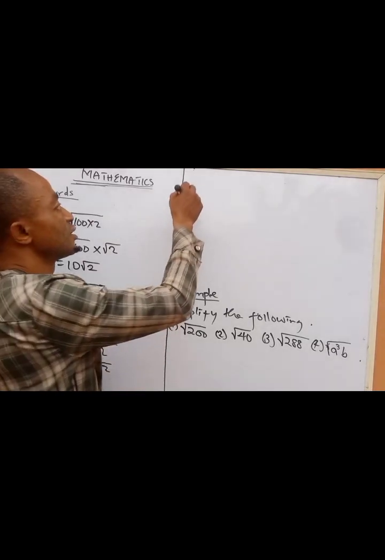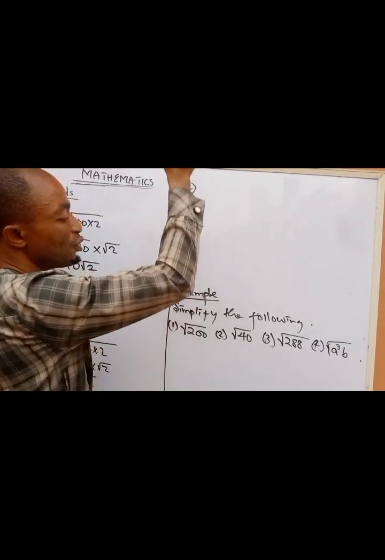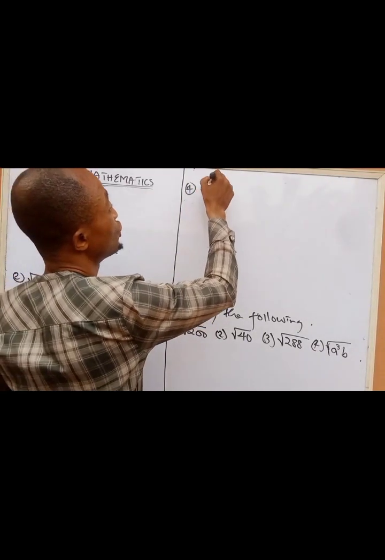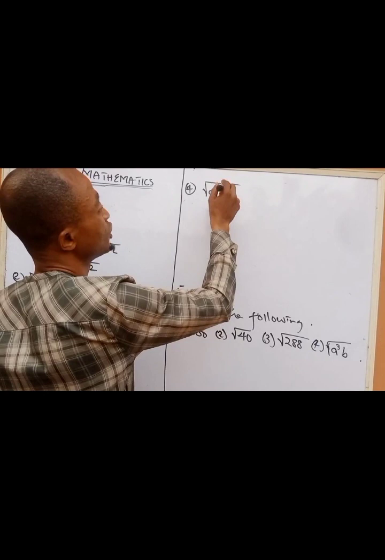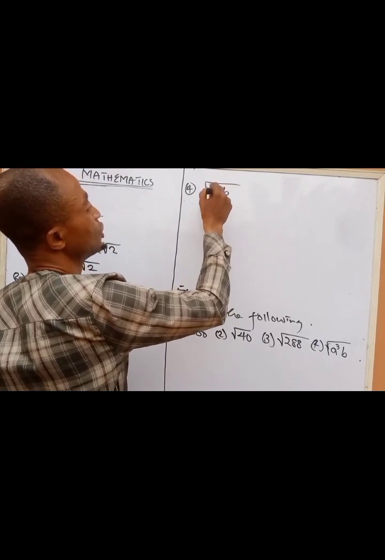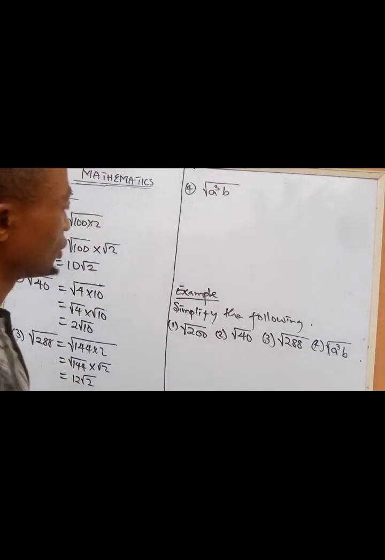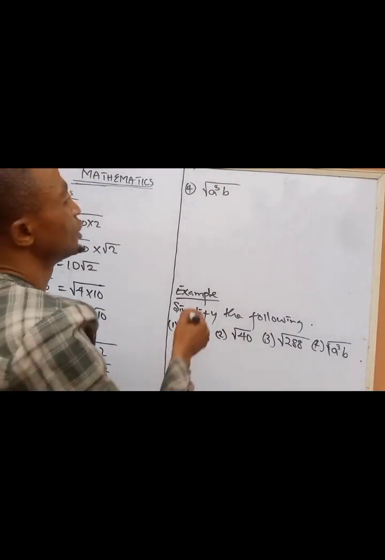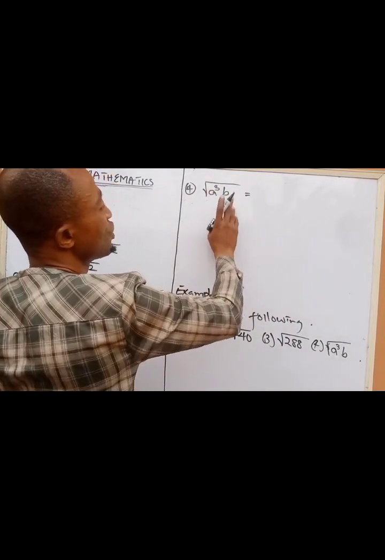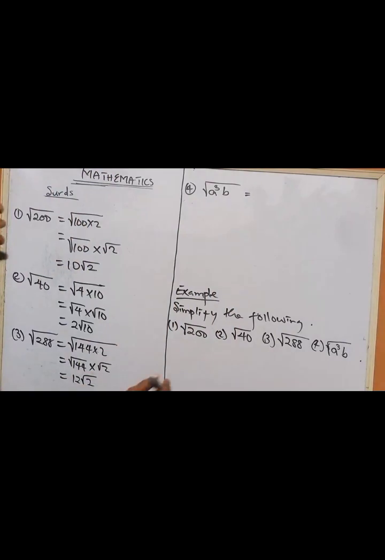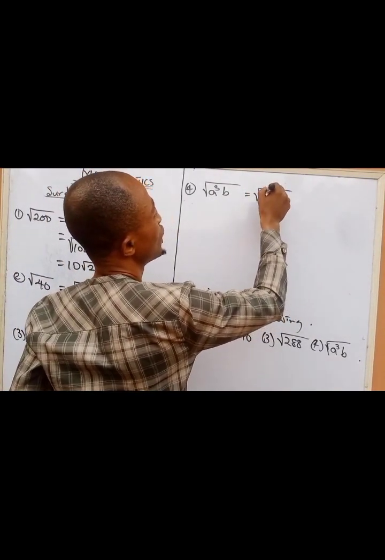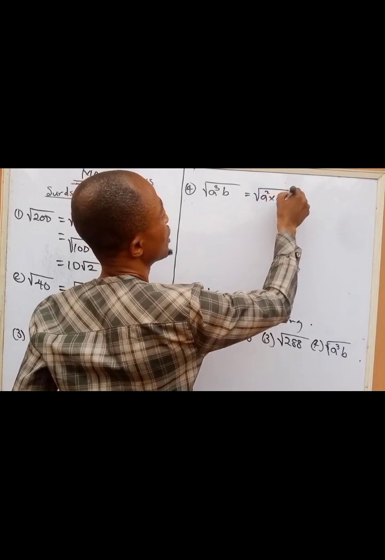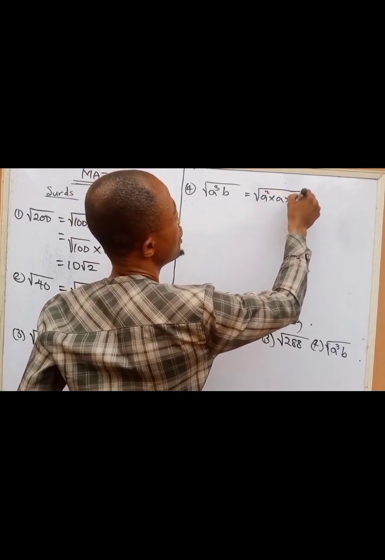And lastly, 4. Square root of a cube, b. We can simplify square root of a cube b into square root of a squared times a, then times b.